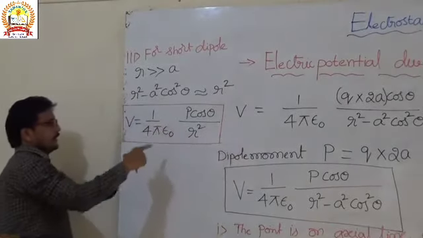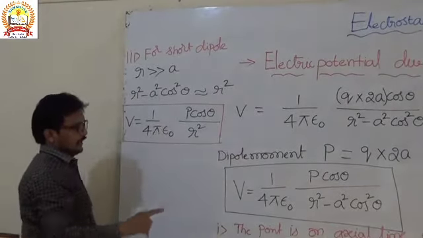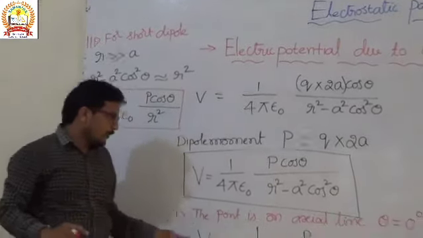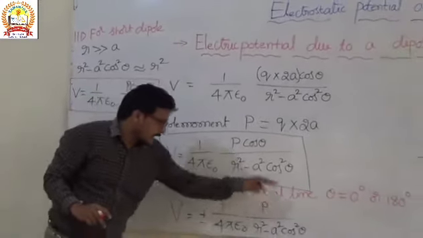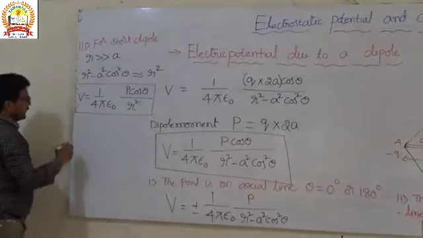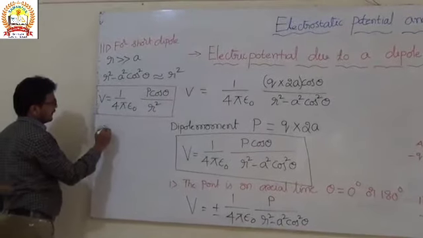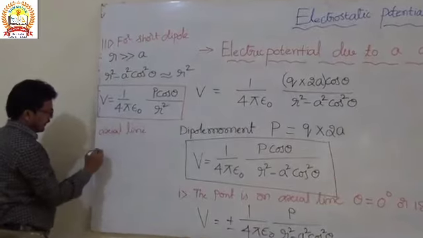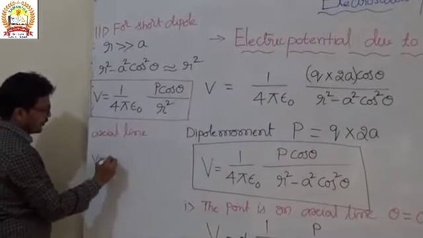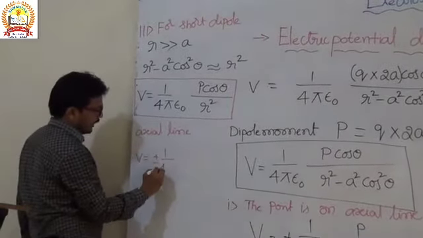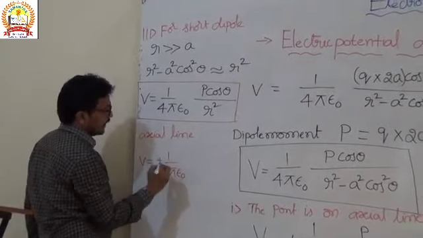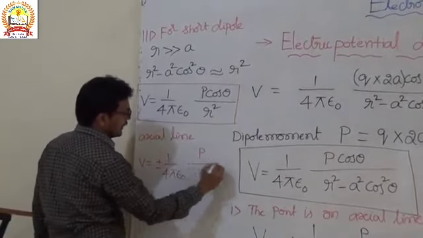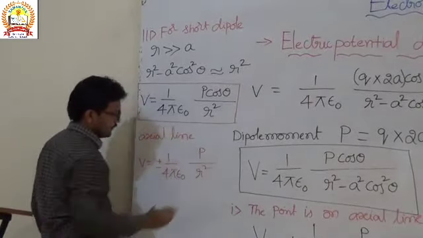And in this case, if you take the potential due to a dipole when the point is on the axial line, then what will be the formula for the axial line? Then potential V is equal to plus or minus 1 by 4 pi epsilon naught P divided by R square.